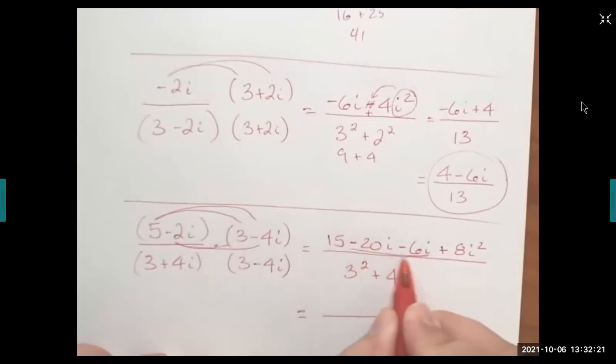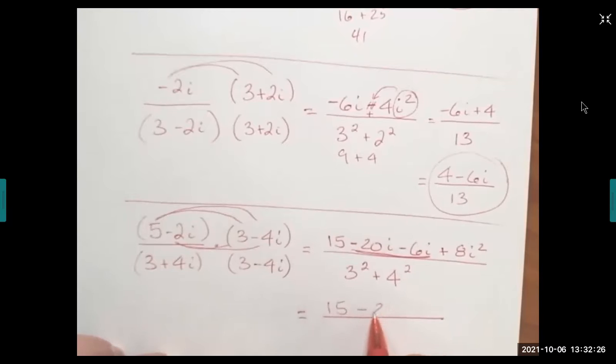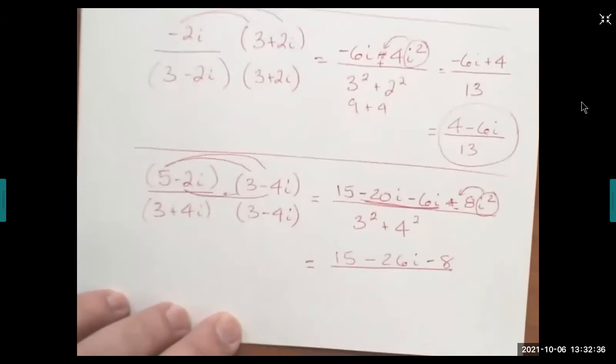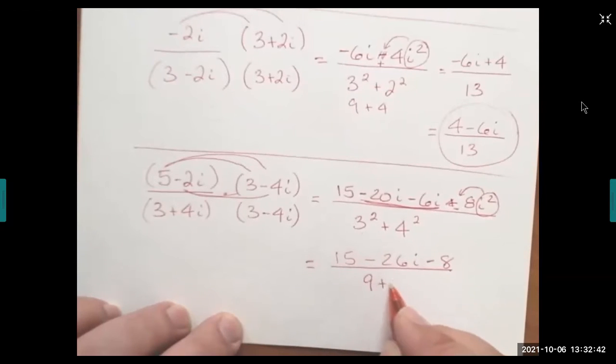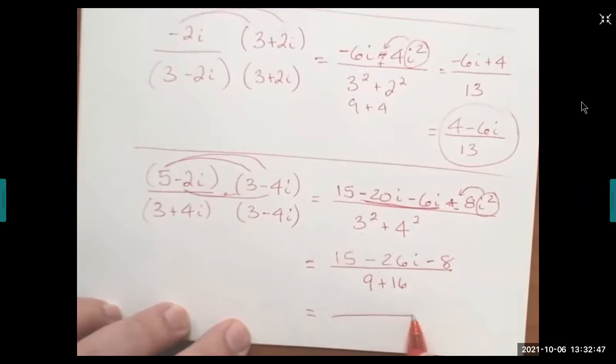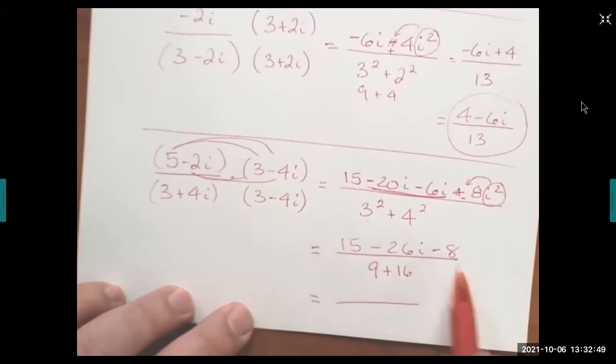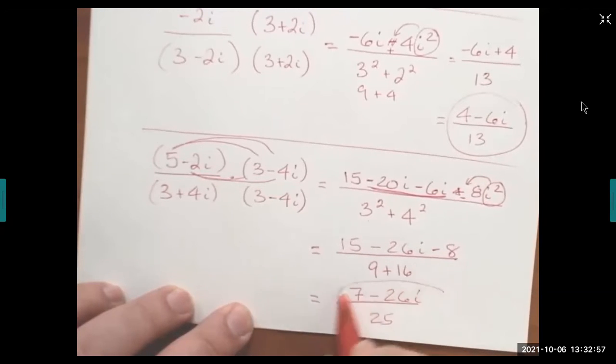So negative 20 minus 6 is negative 26i. The i squared changes that plus to a minus 8. And 3 squared is 9, 4 squared is 16. 15 minus 8 is 7. Minus 26i over 25.